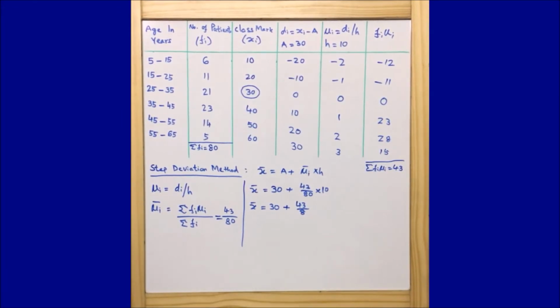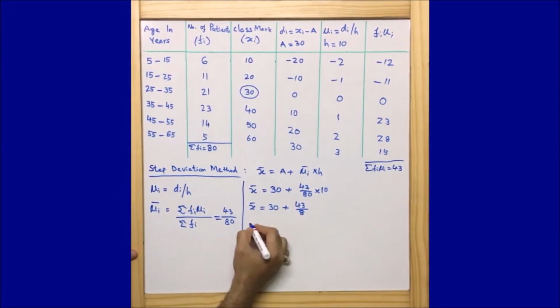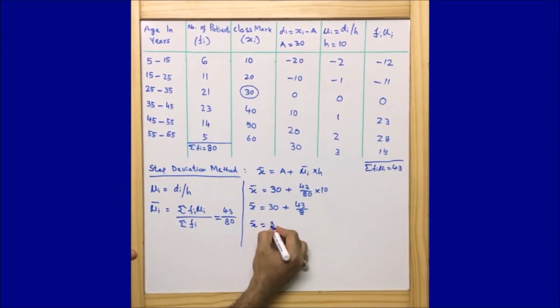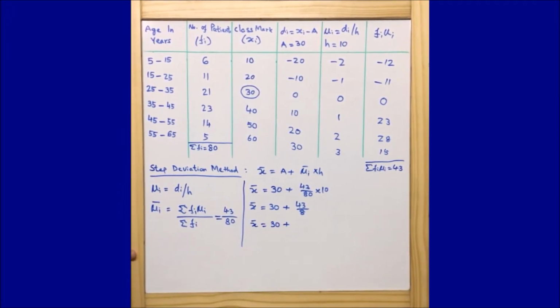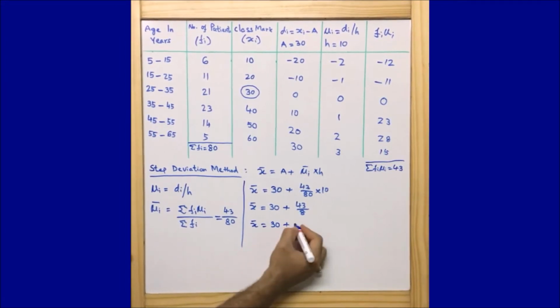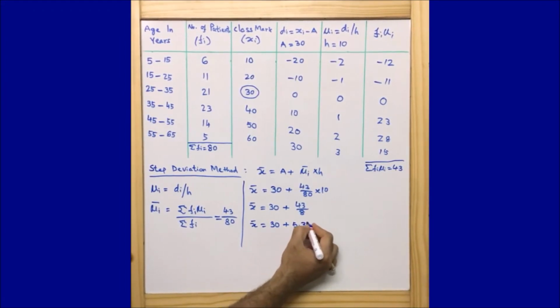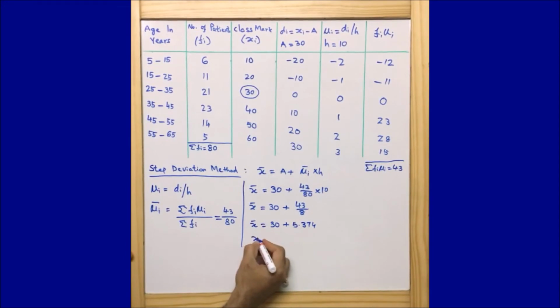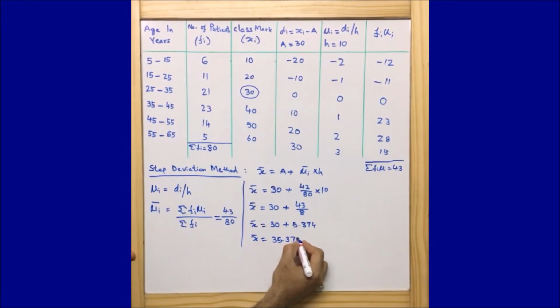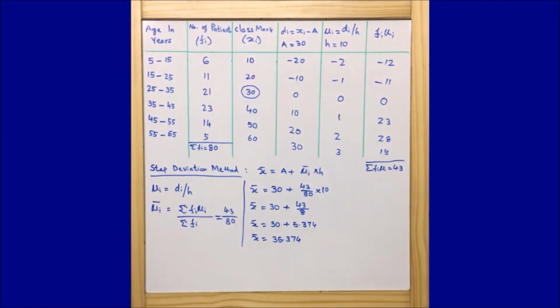Now guys, let us solve 43 by 8. If you solve 43 by 8, we will get 5.374. You can do that and find out. So mean is equal to 35.374.